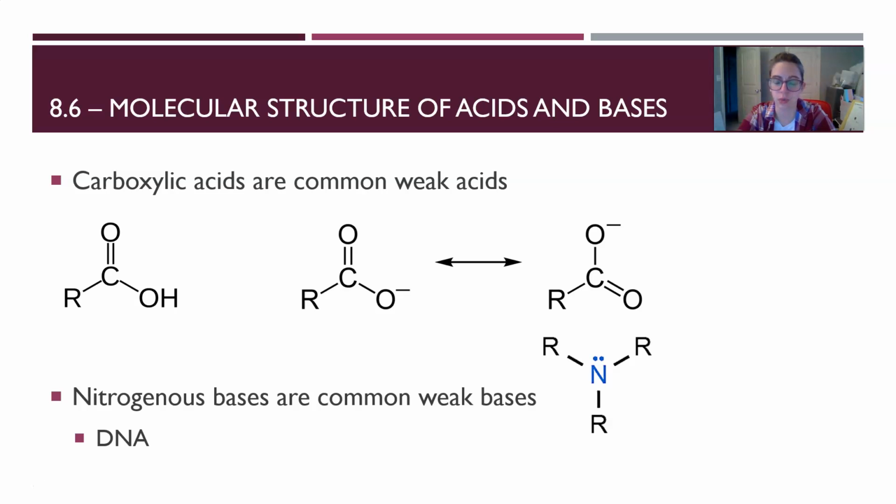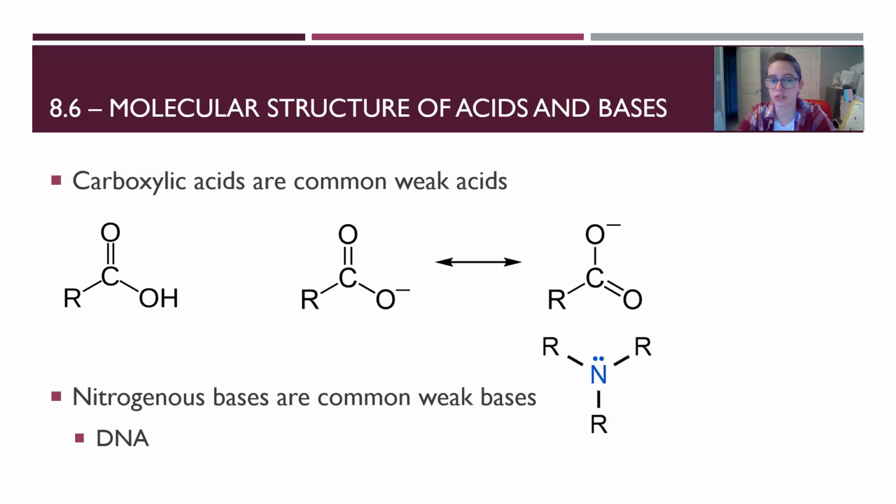When it comes to weak bases, nitrogenous bases are pretty common. One that we see a lot is NH3. Ammonia is going to accept a hydrogen to become the ammonium ion. With nitrogenous bases, we have that nitrogen, which is going to bond to three different R groups, which again can be anything you want.